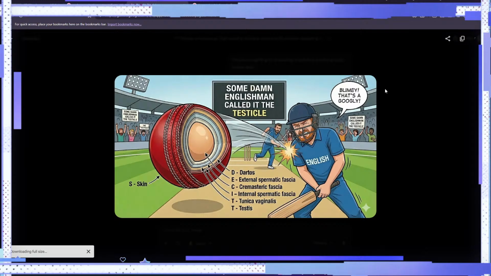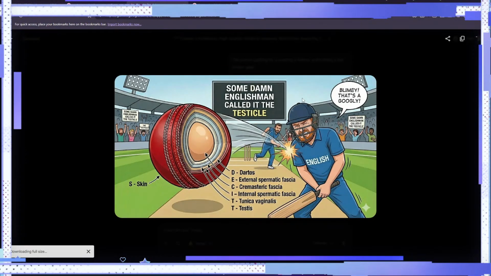Sure, there are better ways to make it, but yeah, downloading full size is taking a while, is it not?